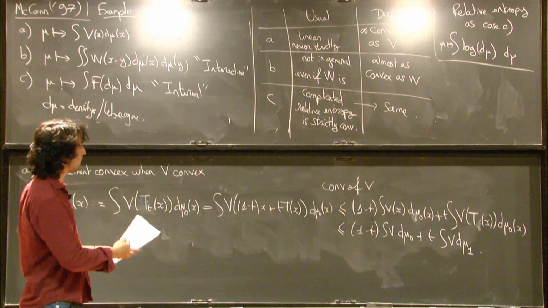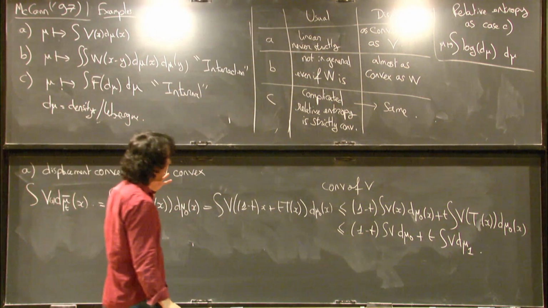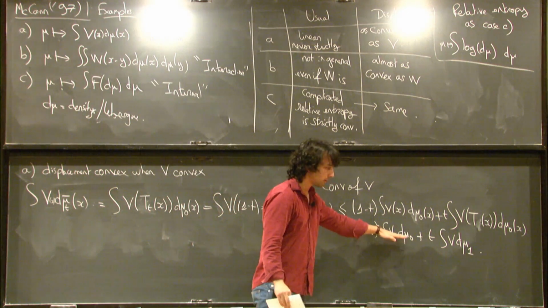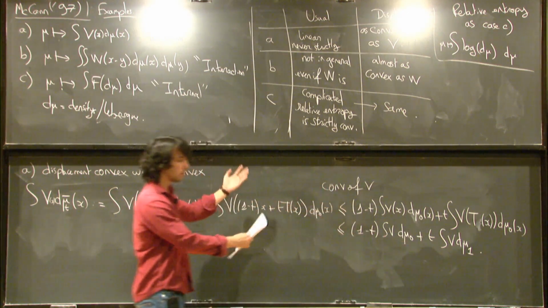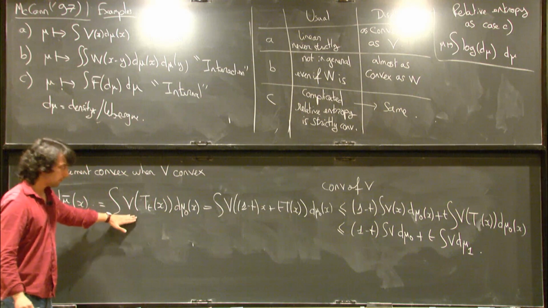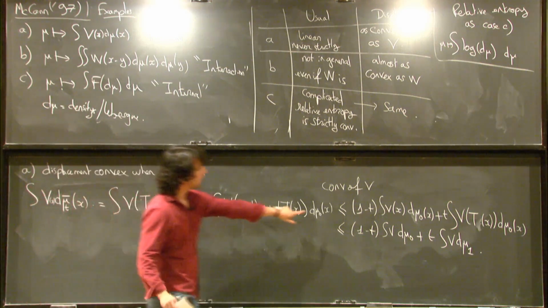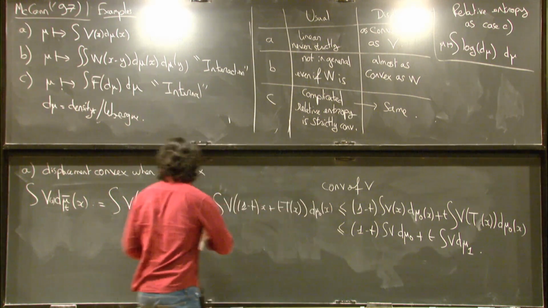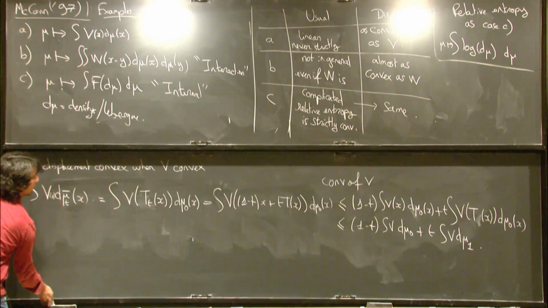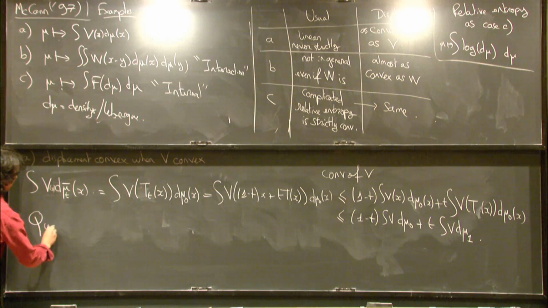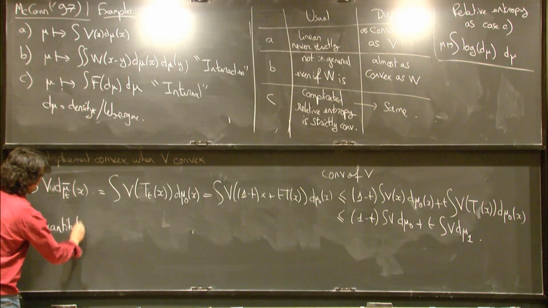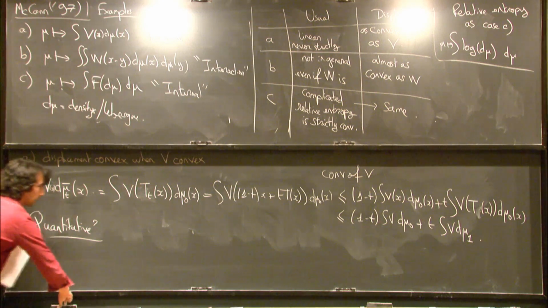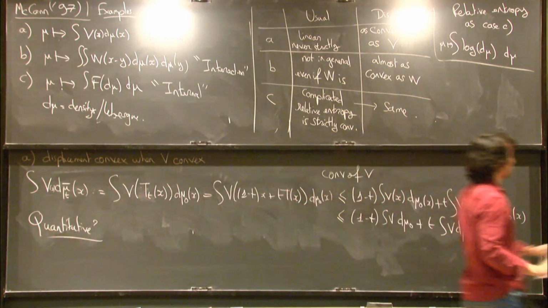Or maybe the question we could ask is, how do I get a strict convexity estimate at the level of the functional from a strict convexity assumption on V? Well, it's going to be here, right? That's the only place where I'm using the convexity of V. So can we make it quantitative? And you'll see why I'm spending time on such trivial matters.